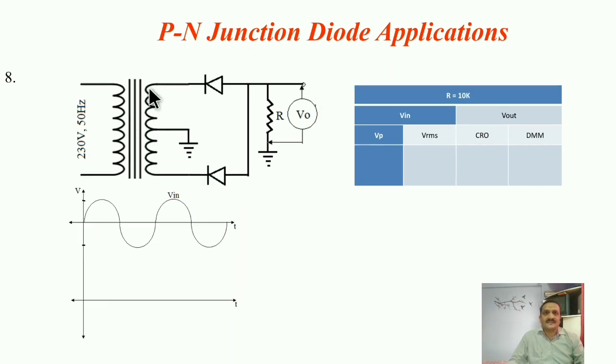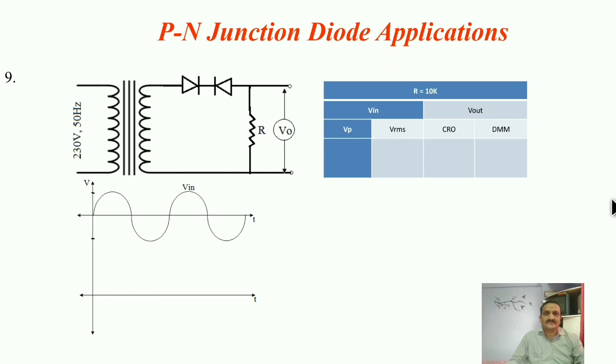Now the next PN junction diode application, only the diodes are reversed. What nature of output will you have? It will be in the opposite direction, so we can call it a negative full wave rectifier, and the previous one was a positive full wave rectifier, is it? Now in this case, what will be the output voltage if the input voltage is applied again by using a step down transformer of 12 volt RMS?